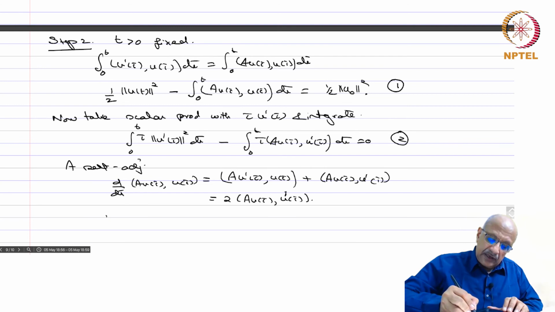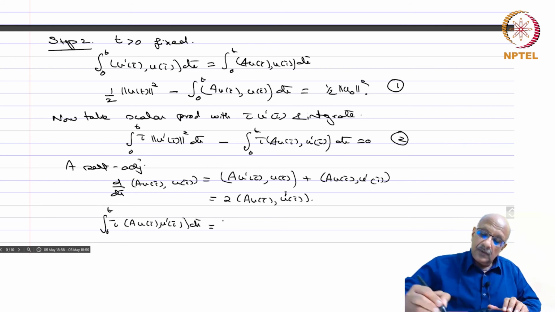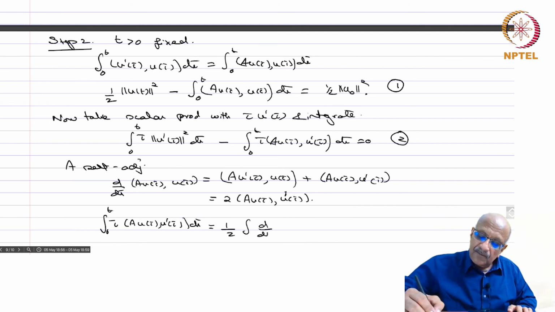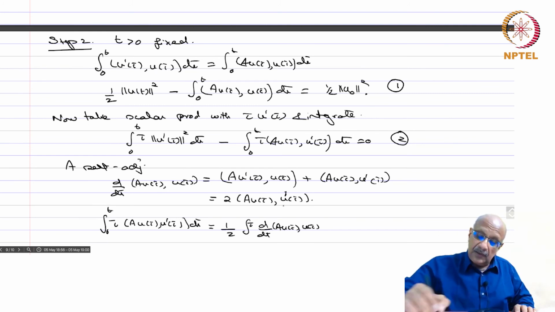So again we have that the integral from 0 to t of tau (A u(tau), u'(tau)) d tau is equal to 1/2 the integral of d by d tau of (A u(tau), u(tau)) into tau, of course, and then by integration by parts.